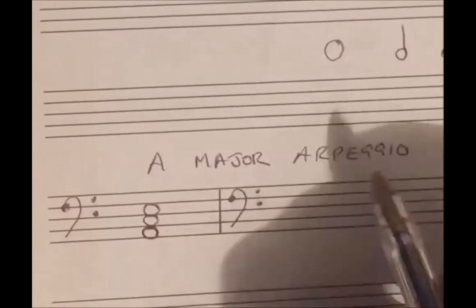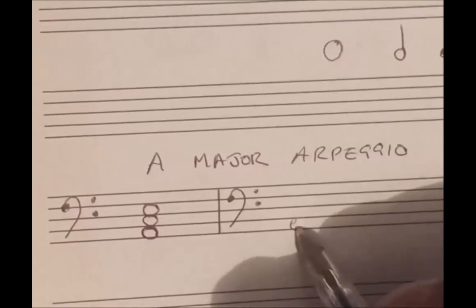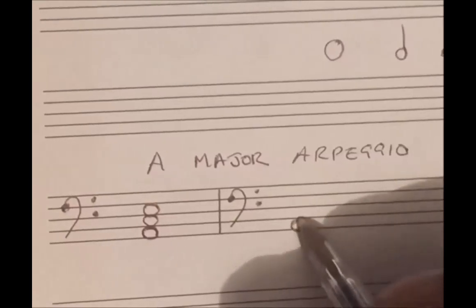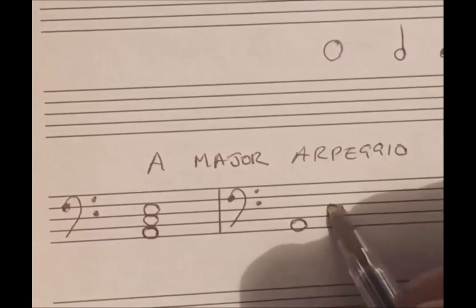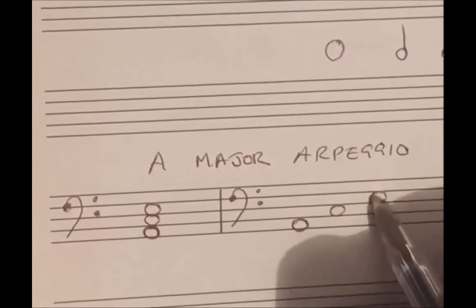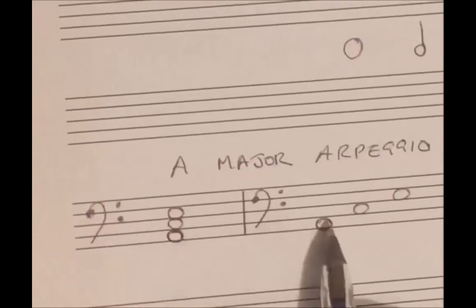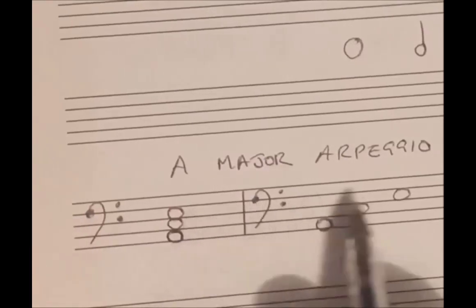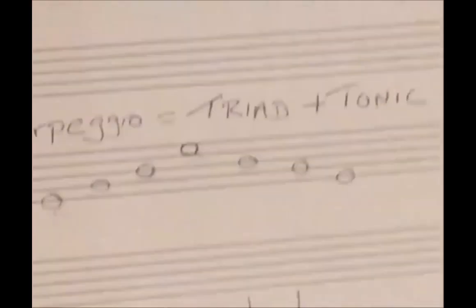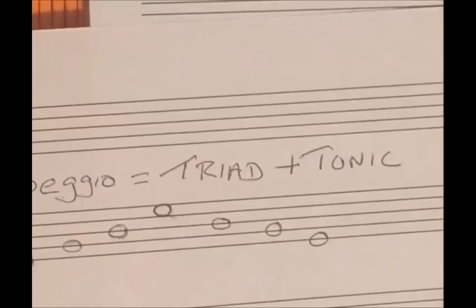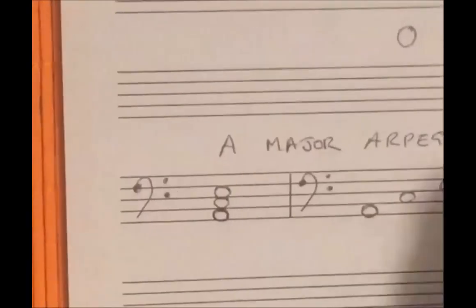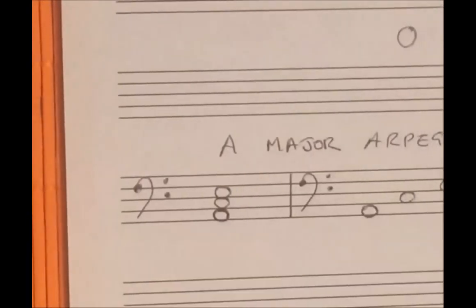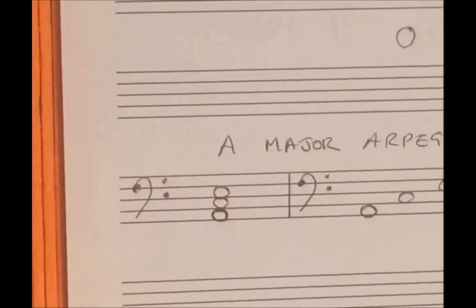I see my triad, so I do my triad. Remember, take that note, I brought it here. Take that note, I brought it there. Take this note, I brought it here. What is missing? What is missing? Yes, the tonic. The tonic in A major is, yes, A.